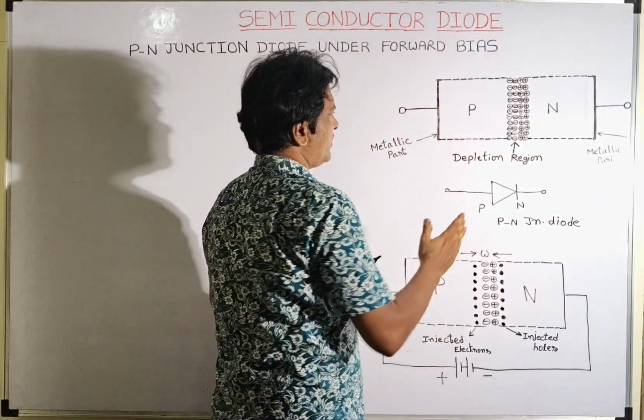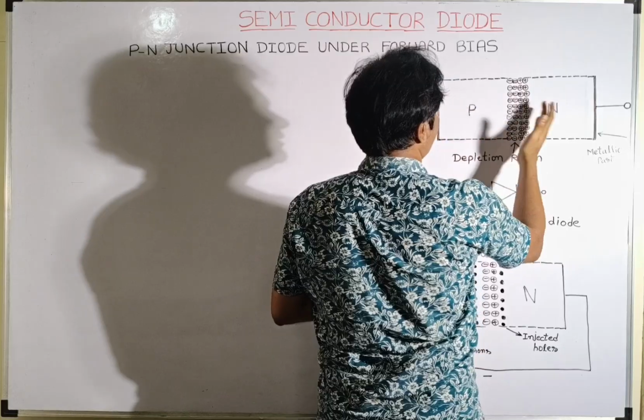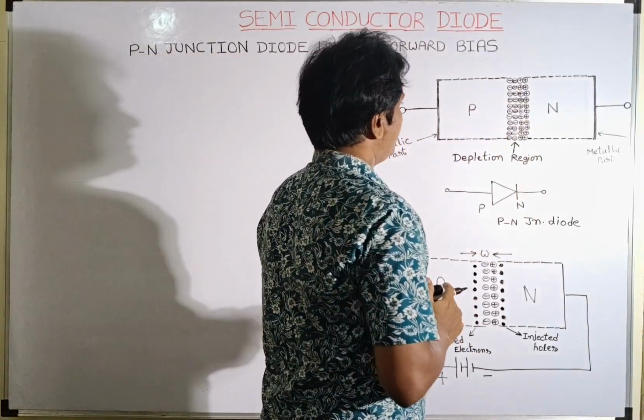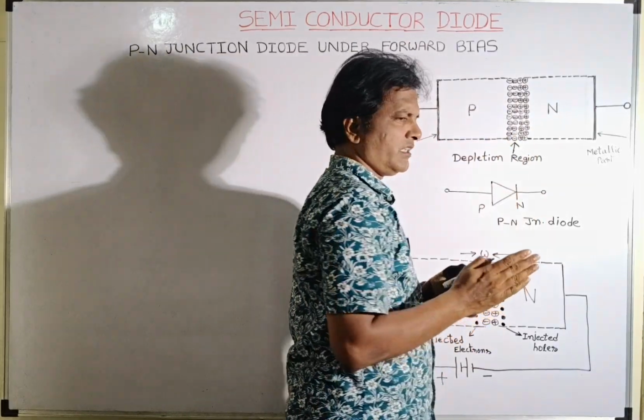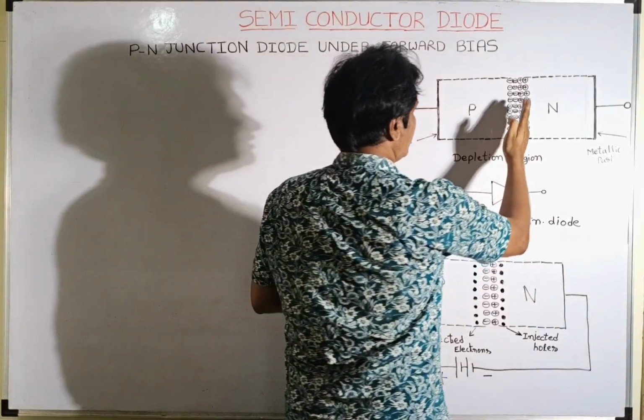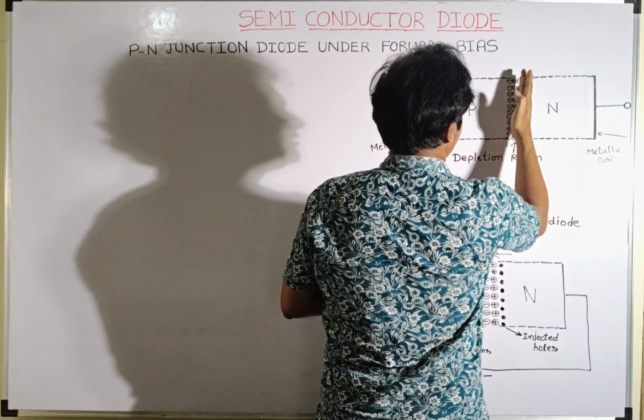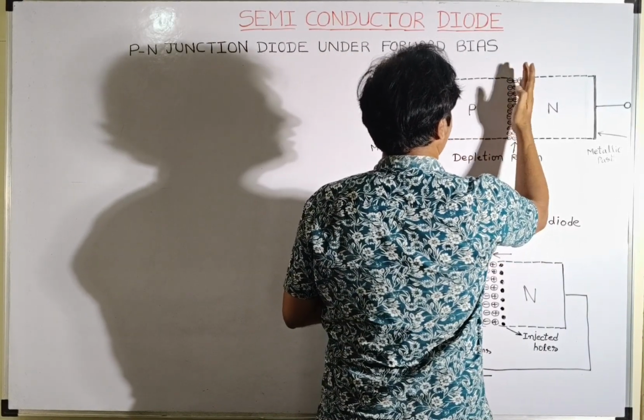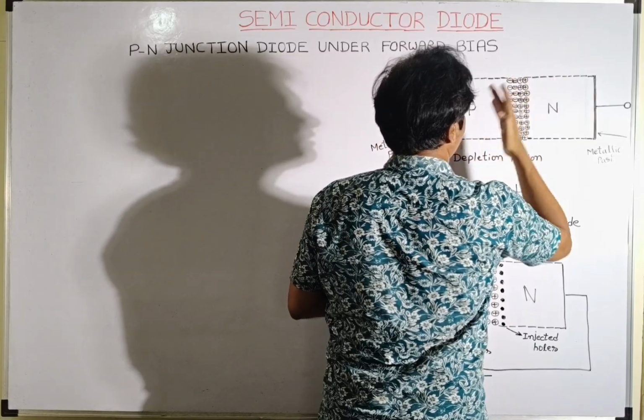A junction is a line between p and n-type materials, and the depletion region is the space around the junction, a small space on the left side and a small space on the right side.